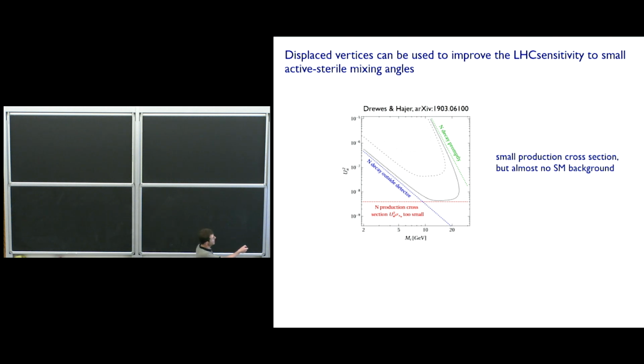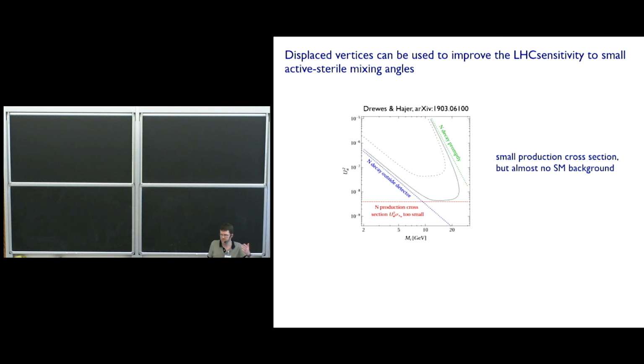Now you have these two lines in green and in blue. Where do they come from? Basically, you can probe this region here, the solid line. The decay rate is proportional to the mixing angle squared, but it also depends on the mass.